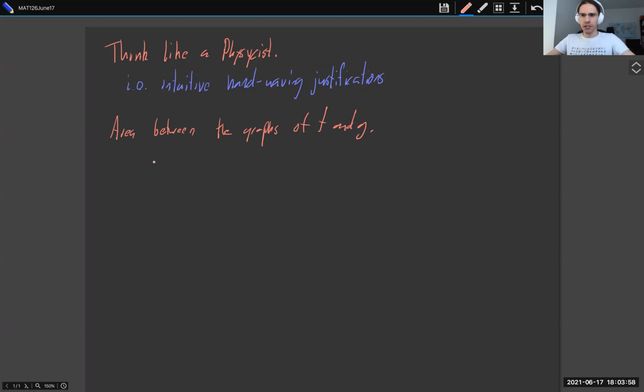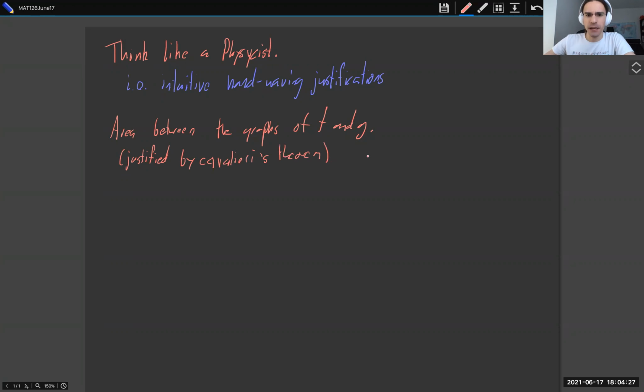So we had some sort of justification for it. And then similarly, we had some justification for this idea of doing area by slices.